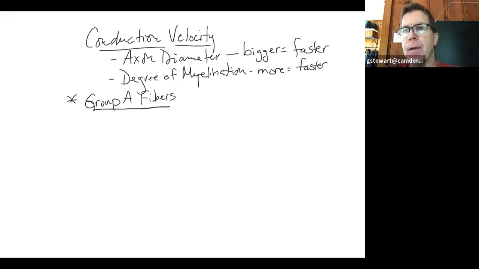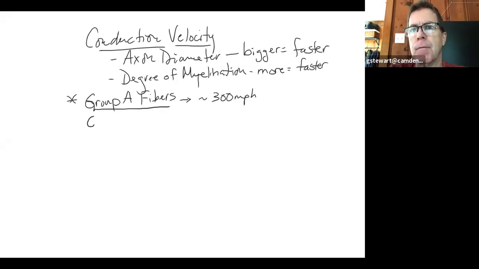So group A fibers are the fastest by far. They conduct impulses up to about 300 miles per hour. If you think about moving from your spinal cord to your fingers at a speed of 300 miles per hour, it happens really fast.